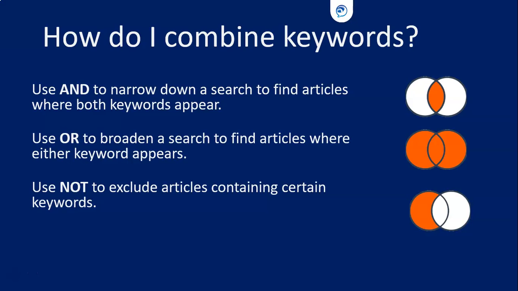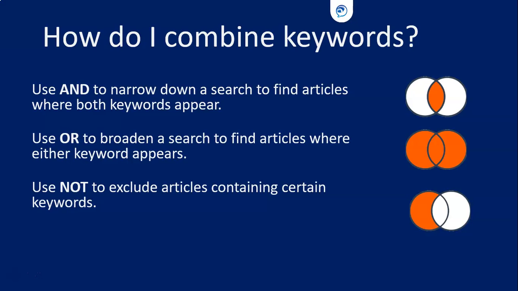Just a little bit more about how you can combine keywords. You can use and to narrow a search to find articles where both terms appear. So, for example, adult and safeguarding. Both of the terms need to appear in the article. Or will broaden your search to find alternative keywords.